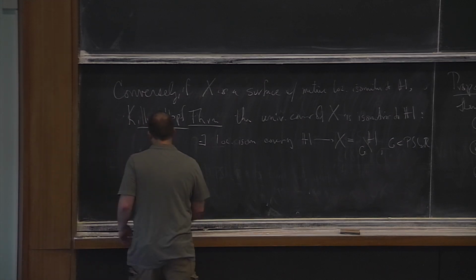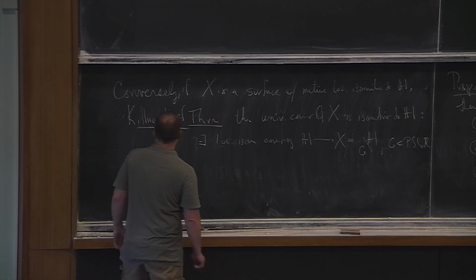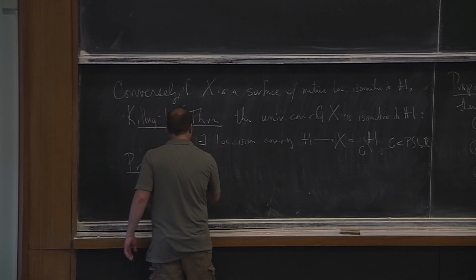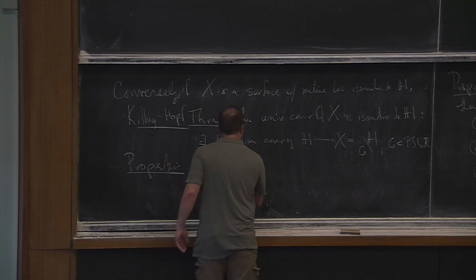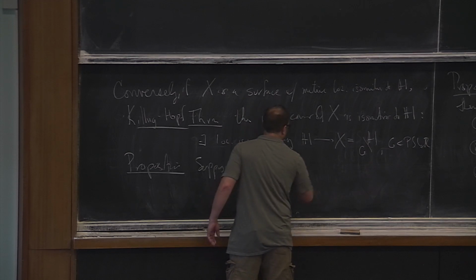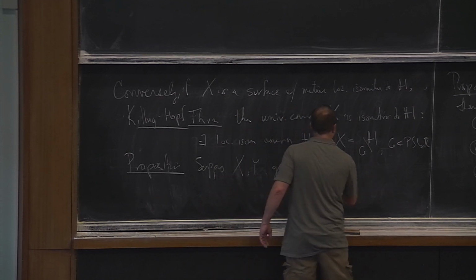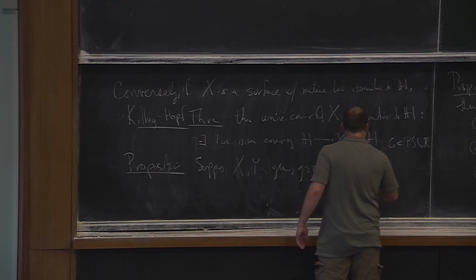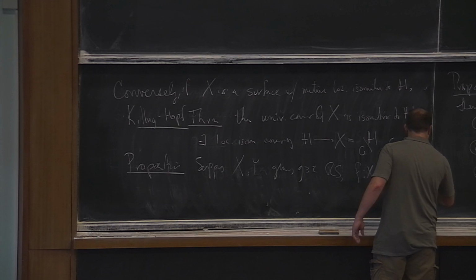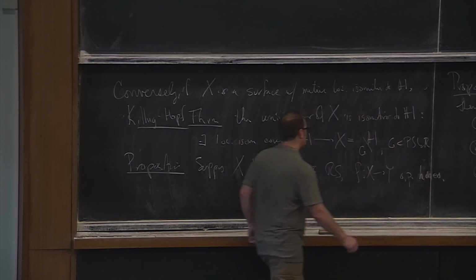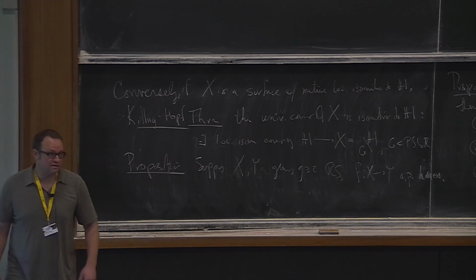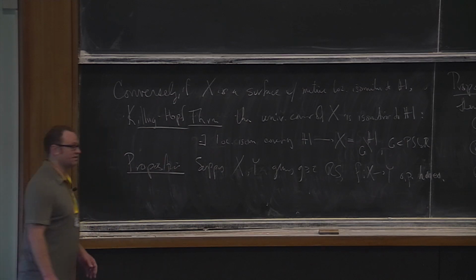And so, maybe an easy proposition. Suppose X and Y are genus G Riemann surfaces, and f from X to Y is, let's say, an orientation preserving homeomorphism.